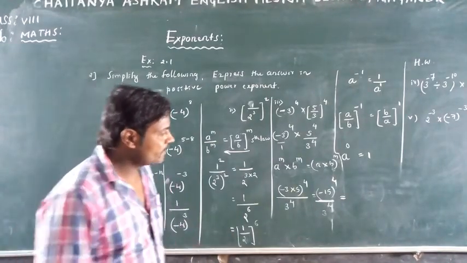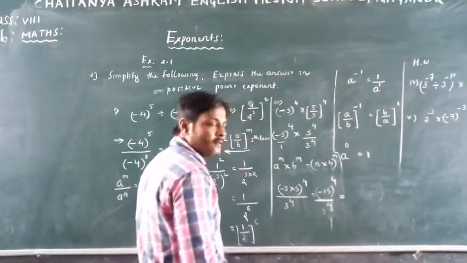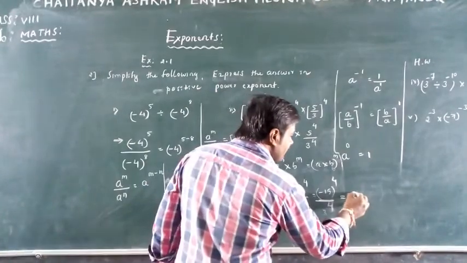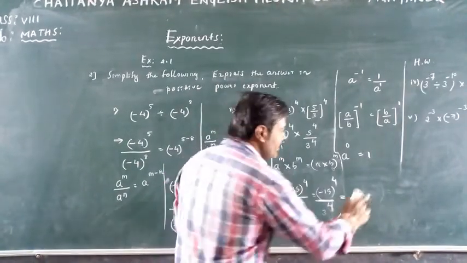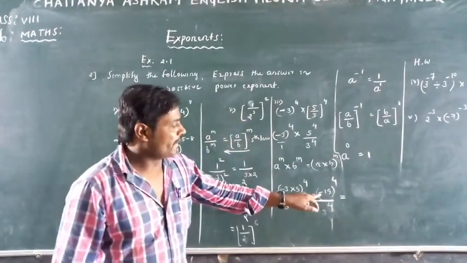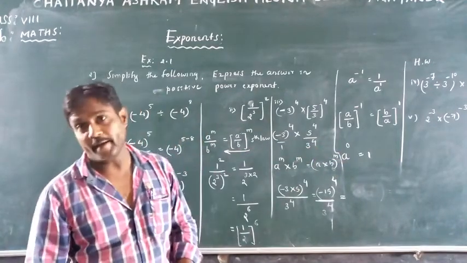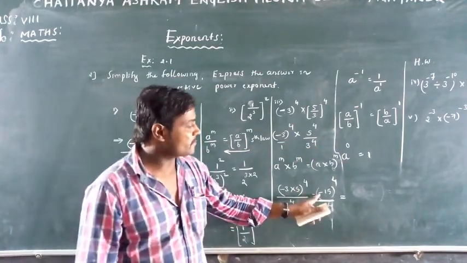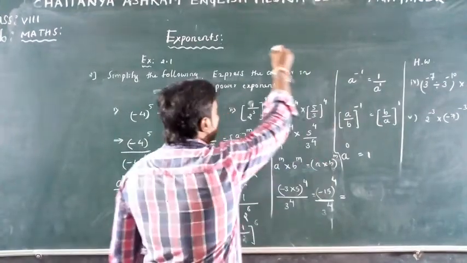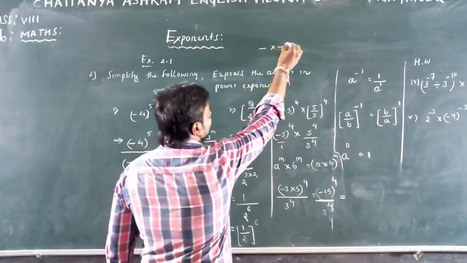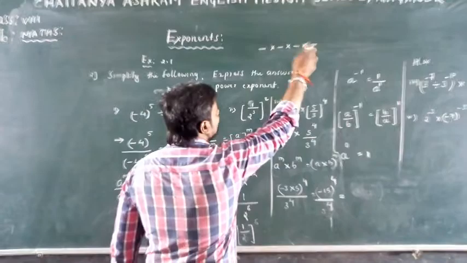Dear children, see, this minus 15 is there. This minus 15, we can write minus 3 into 5. Observe, minus to the power 4 is positive or negative? Let's multiply minus 4 times: minus into minus into minus into minus. 1, 2, 3, 4.